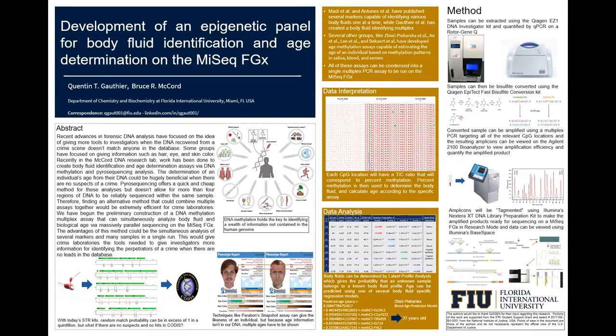And so we've been doing some studies looking at the sensitivity of the body fluid identification assay. The lowest that I currently feel very comfortable suggesting is about 500 picograms. But you're going to get much more reliable results at the 1.5 to 2.5 nanogram input range.